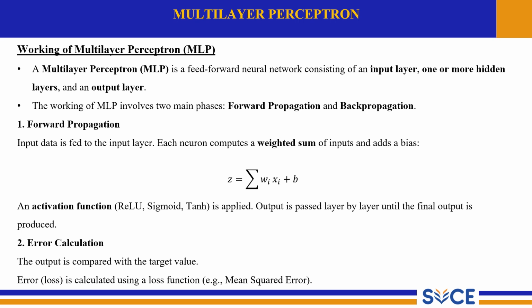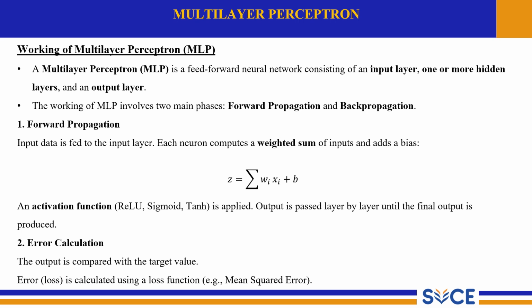So this result Z is then passed through an activation function such as ReLU, sigmoid or tanh, which introduces non-linearity into the network. The output of each neuron is passed layer by layer until the final output is produced at the output layer.